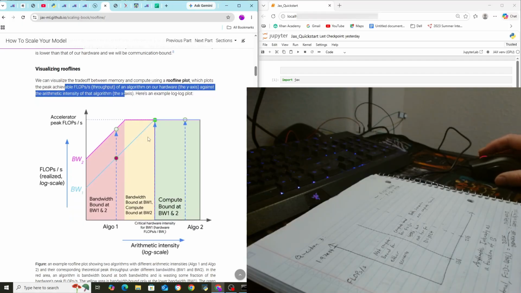There should be something here. Gotta think for a little bit. Where's BW2?